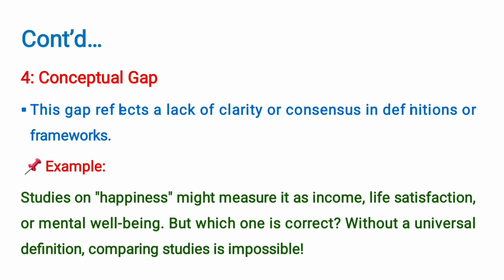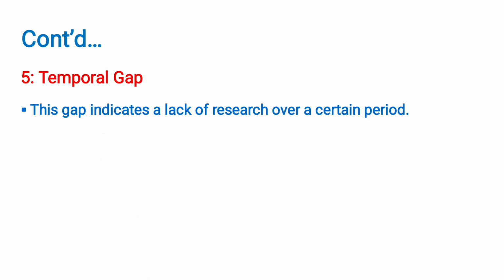But sometimes, the gap is not in the definition. It might be in time. So let's talk about that, which is the fifth research gap. That is the temporal gap. This is the times have changed gap. So a temporal gap happens when the research is outdated or no longer relevant.